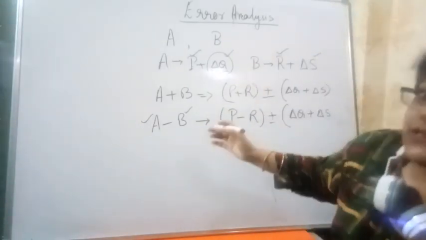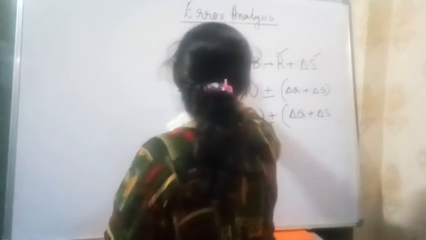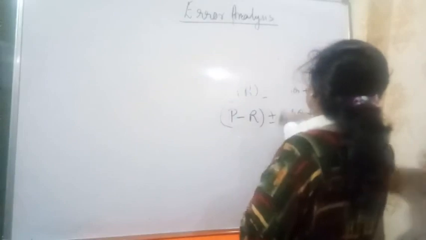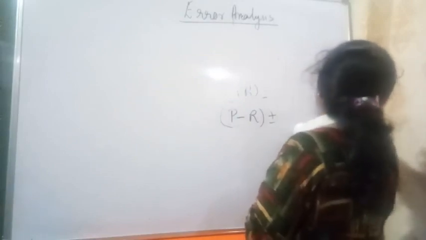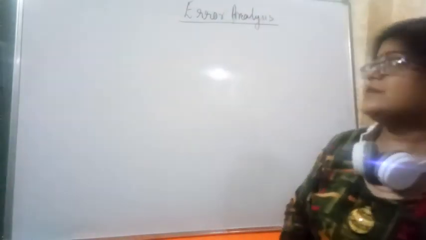I am going to explain this by giving you some numeric examples. See on the blackboard. For example, I have two measurements, length and breadth, for example, or any two values. It is not necessary that they are length and breadth.